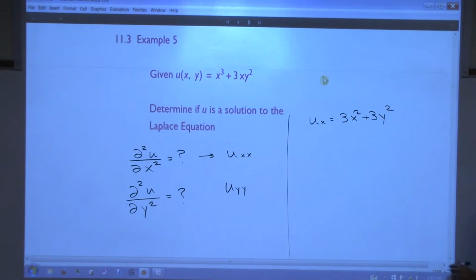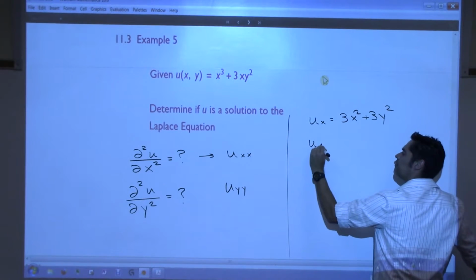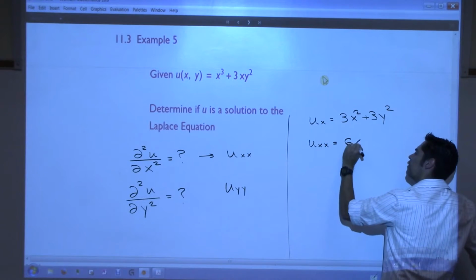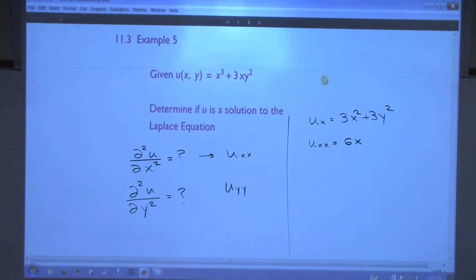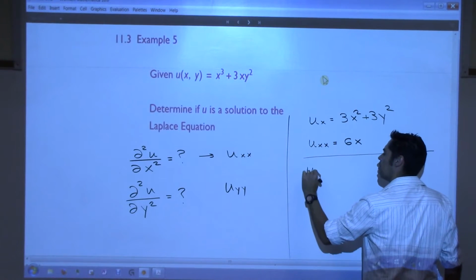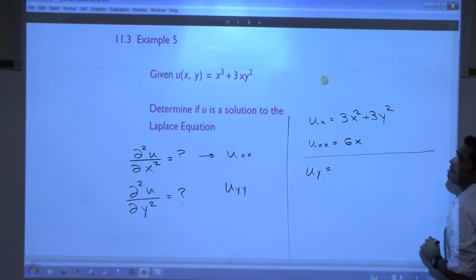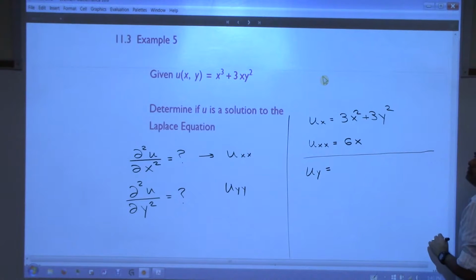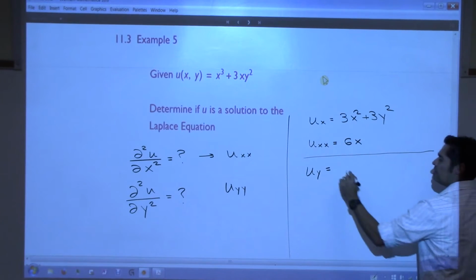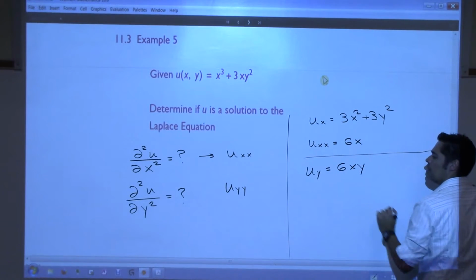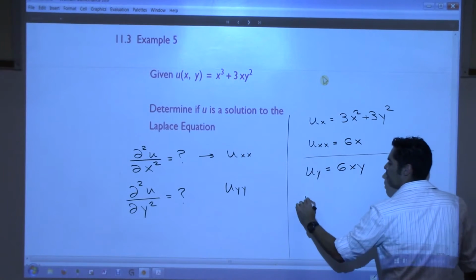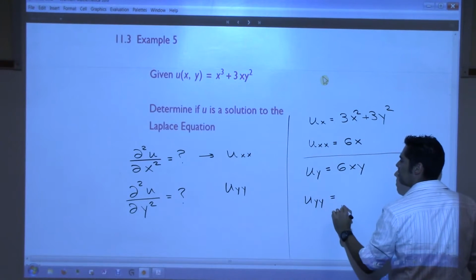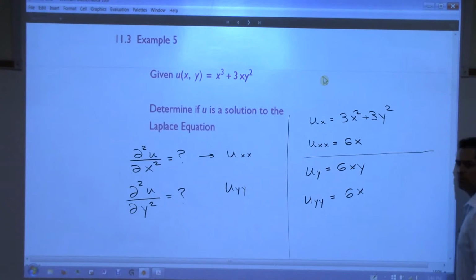Partial again, with respect to x, 6x. Okay, now let's look at the partial with respect to y. Partial with respect to y is 6xy. And then the partial with respect to y again is 6x, right?